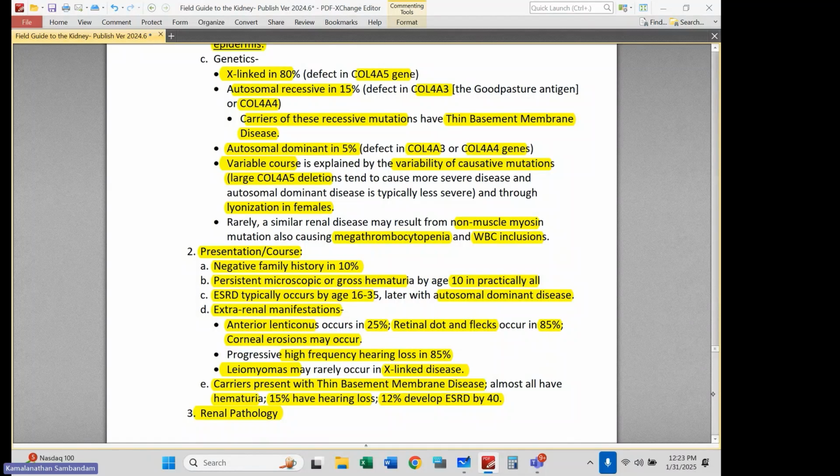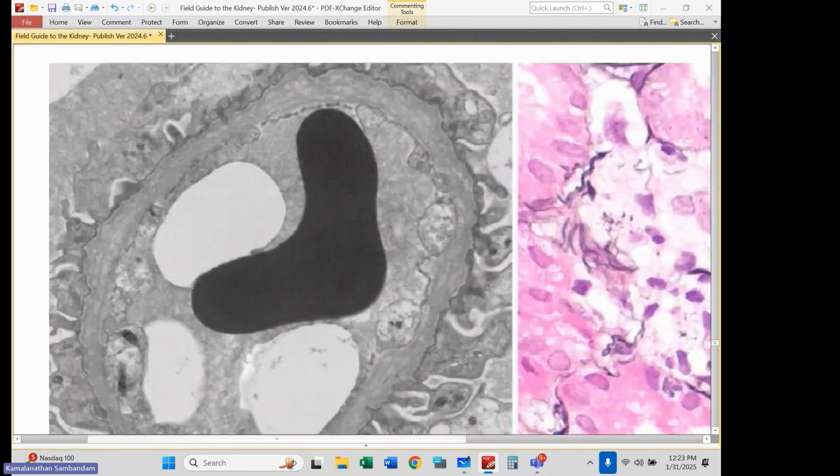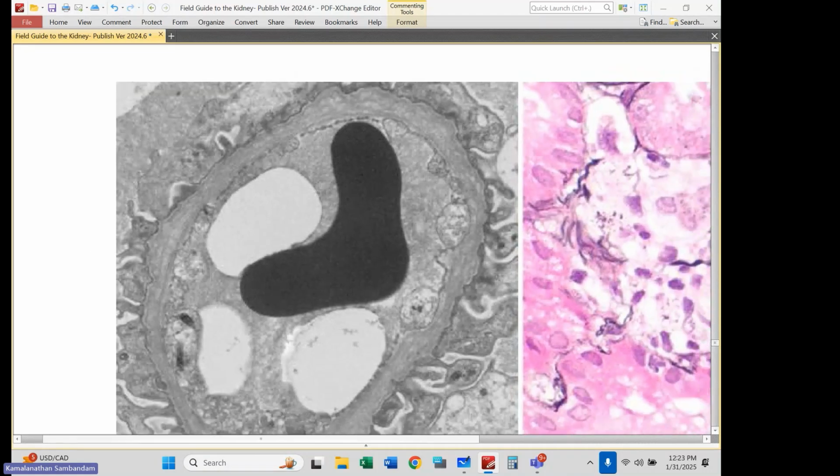So let's look at renal pathology. In early stages of Alport syndrome, you'll see on electron microscopy this basket weaving characterization of the glomerular basement membrane. You can see these kind of lamellations, and it's disordered. This is called the basket weaving that we see on electron microscopy, a thickening and disorder to the glomerular basement membrane in Alport syndrome.